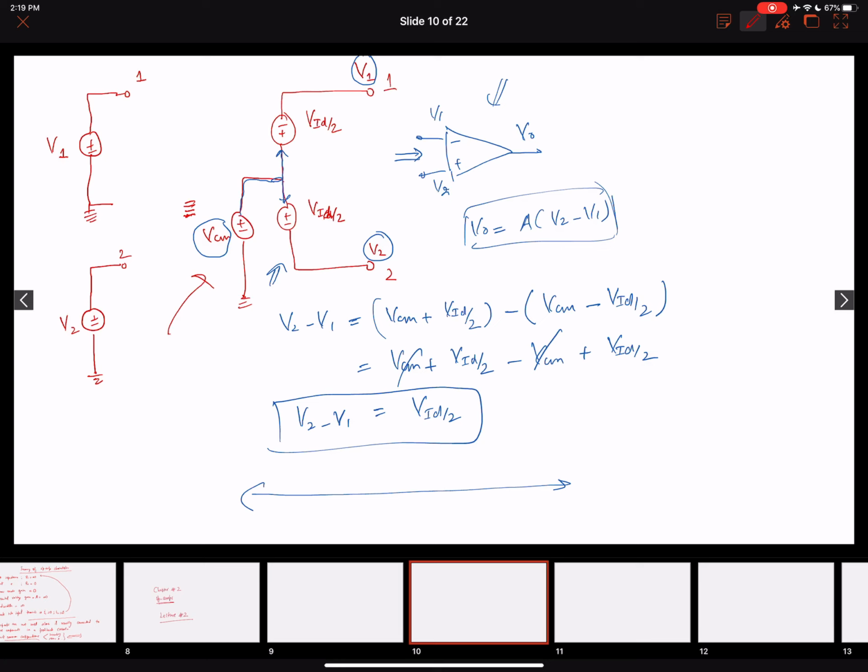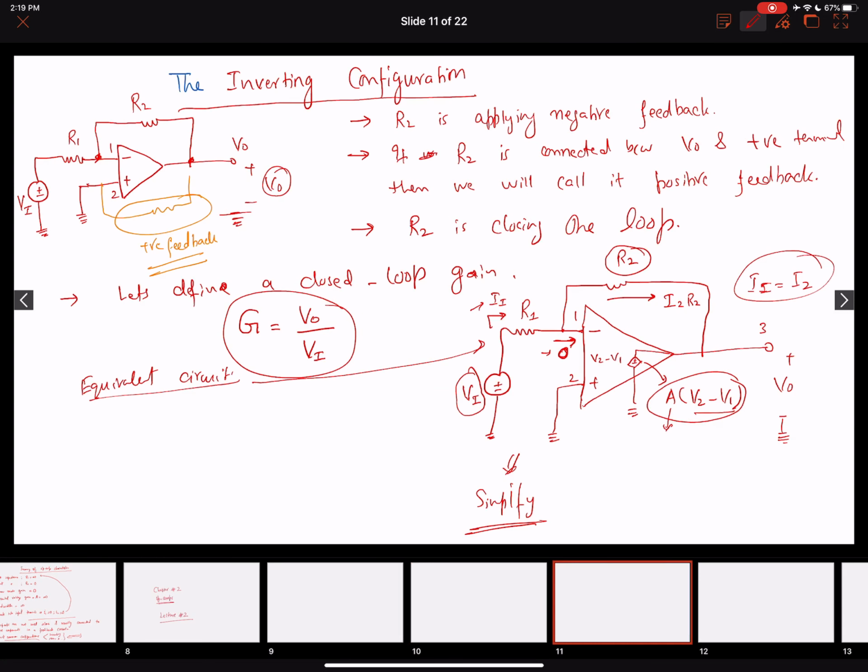And we saw that when we apply those circuit equivalents to the op-amps, our op-amp will subtract out or take the difference of those inputs, it will take out the common mode signals, and the output that we will get will be a differential signal.